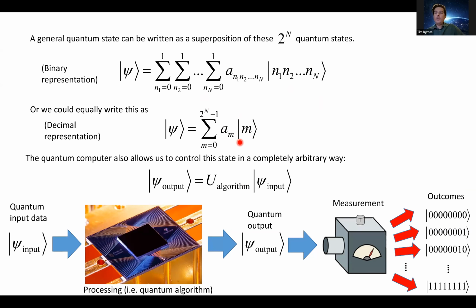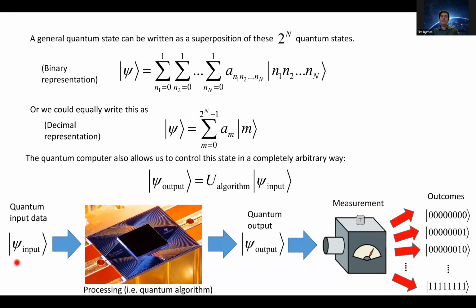And when you have a quantum algorithm, what you have is a unitary evolution, because in quantum mechanics, any kind of time-dependent process should be described as a unitary evolution.